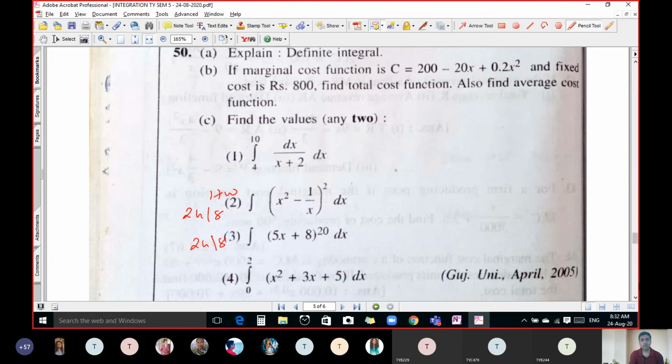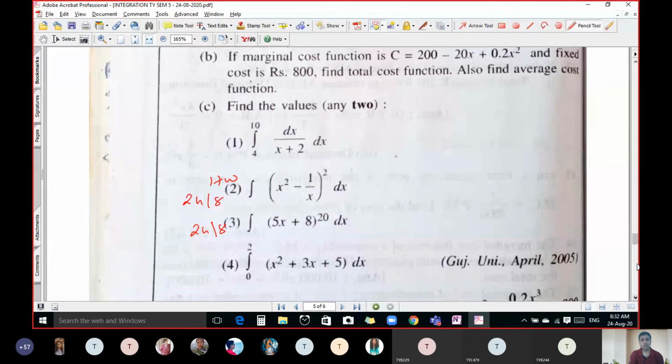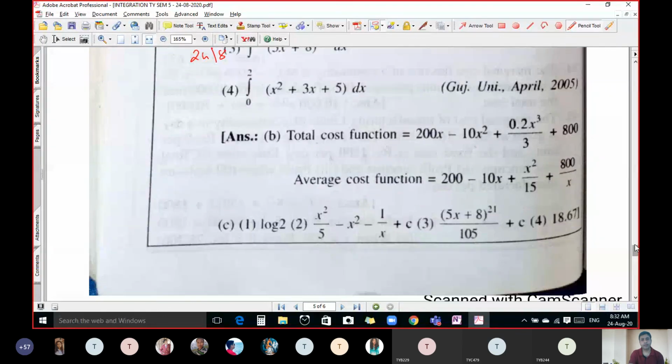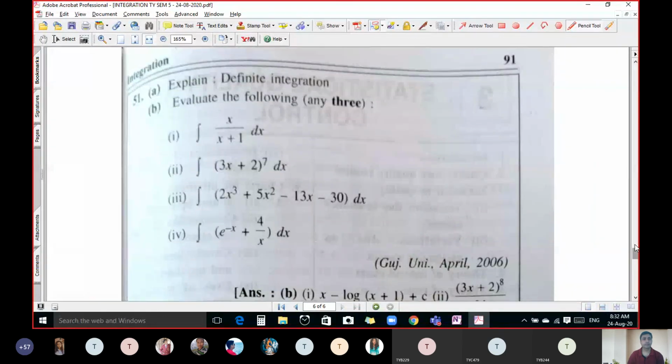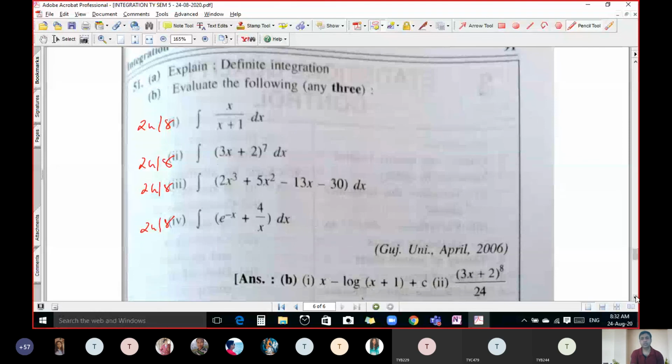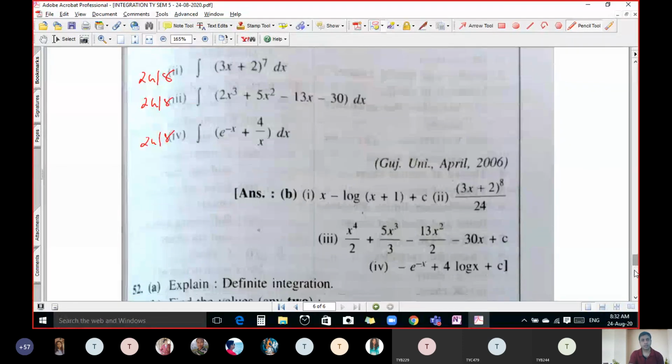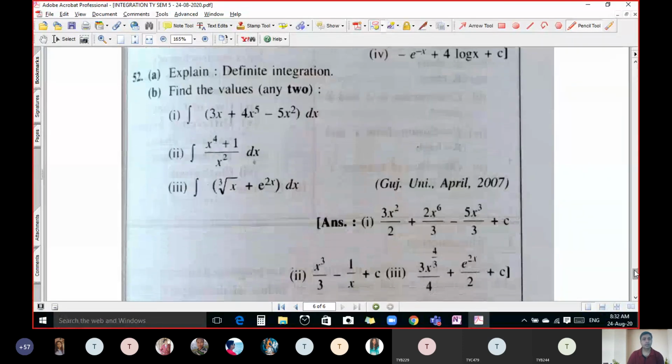This two, then this, try to find out the solution of this question. And this.